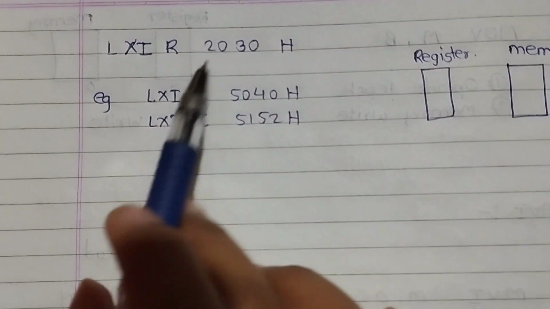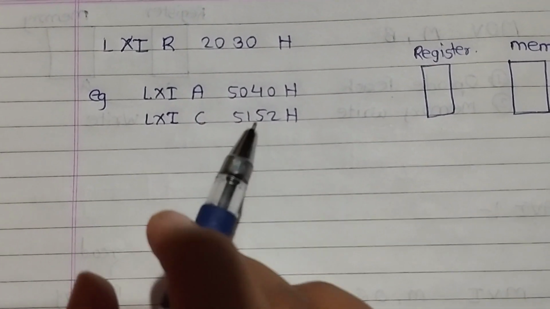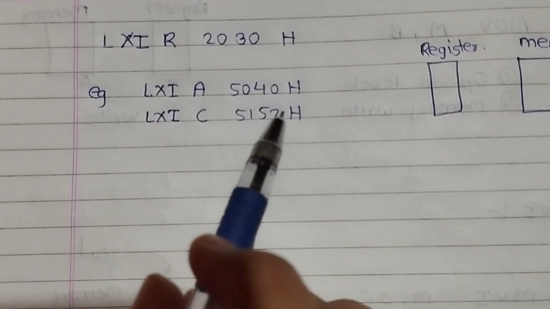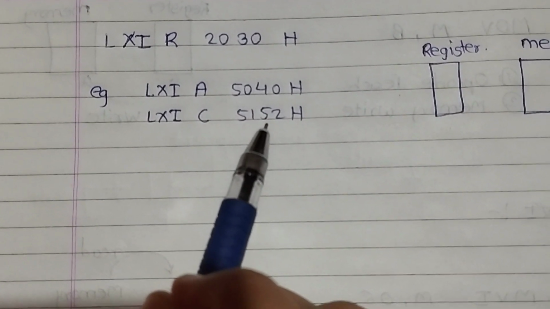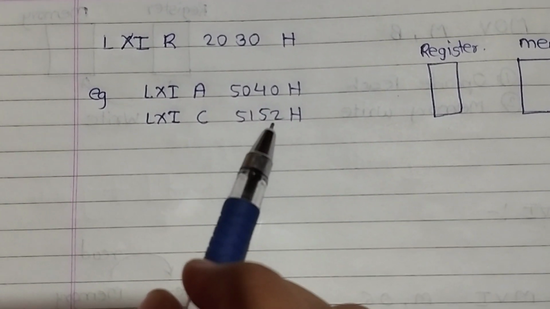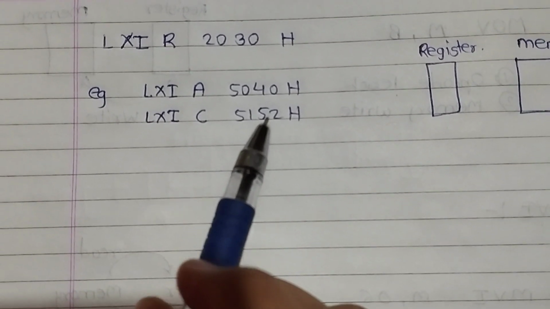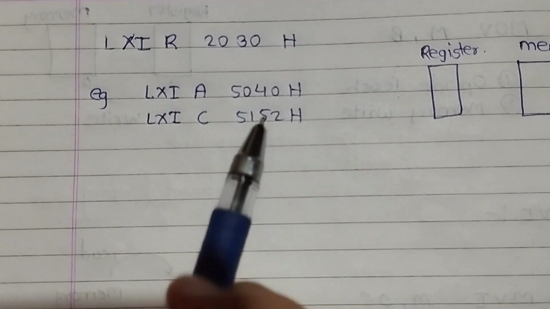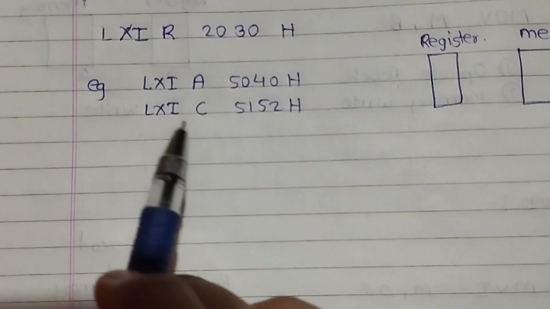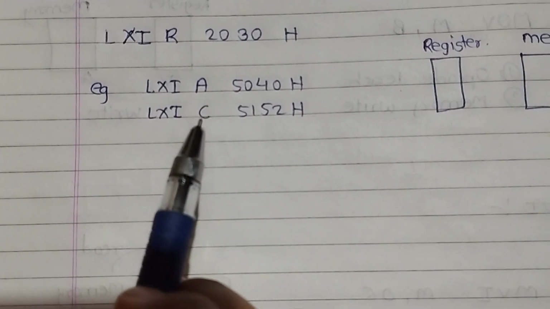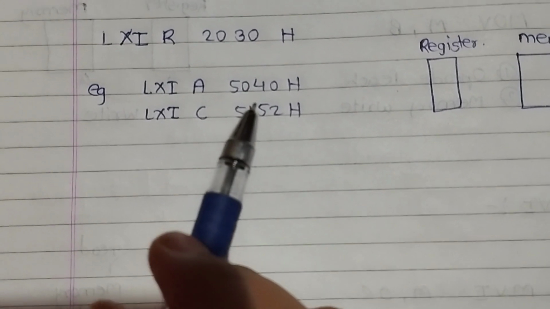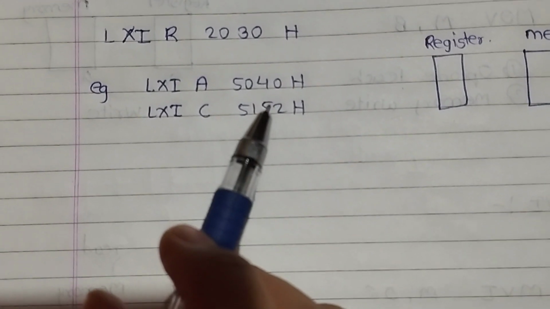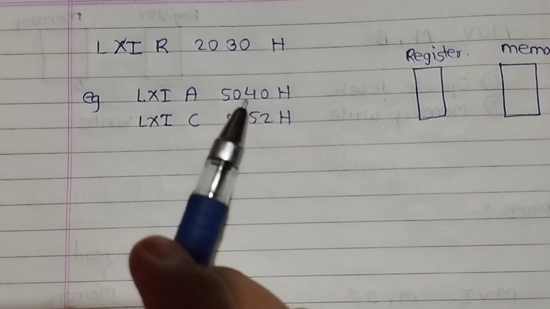So this is a 3-byte instruction, because 16-bit data is present here. If instead of 16-bit the data is 8-bit, then the instruction is 2-byte, and if no 8-bit data is present, meaning only the registers are present, then this is a 1-byte instruction. So now here 16-bit data is present, so the given instruction is 3-byte.